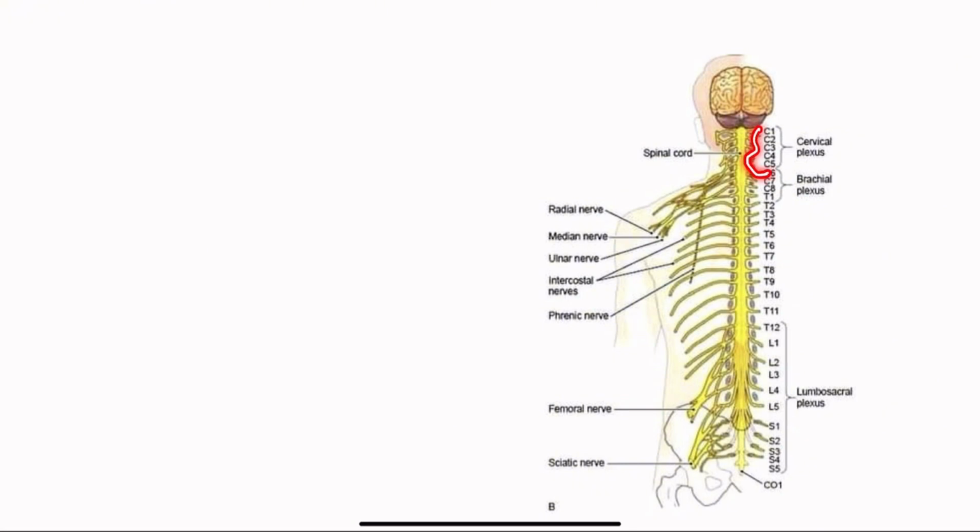C1 to C5 nerves form a meshwork, and a meshwork of nerves is what we call a plexus. Since this plexus contains spinal nerves of the cervical region, it's called the cervical plexus. C6 to T1 also forms a plexus called the brachial plexus. You don't need that in detail for this particular lecture, but what you need to know is this much.